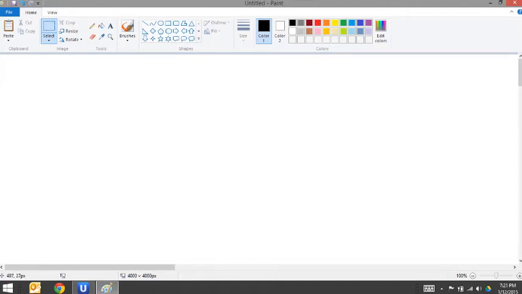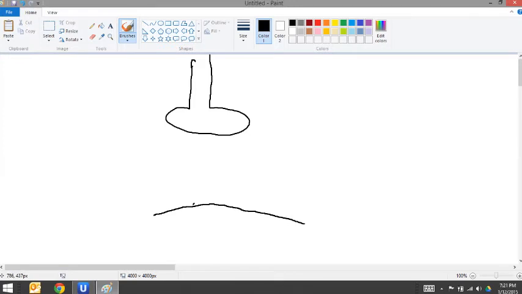So, we'll start with the key terms. Presynaptic membrane. Remember, in a synapse you have both a presynaptic membrane, illustrated here, and you have a postsynaptic membrane, which I've illustrated there.